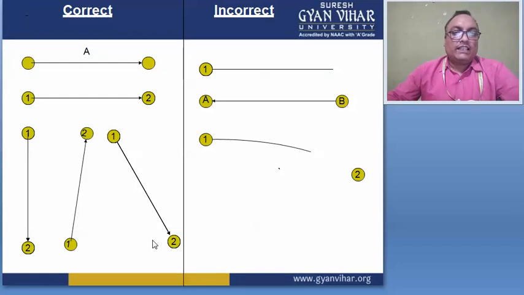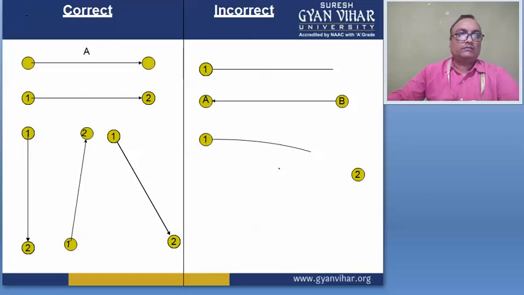So this is some information about correct and incorrect activities. Suppose this is the correct activity because it is in the forward direction. In this case, the source point is decided but the end point is not decided, so this type of activity is incorrect.